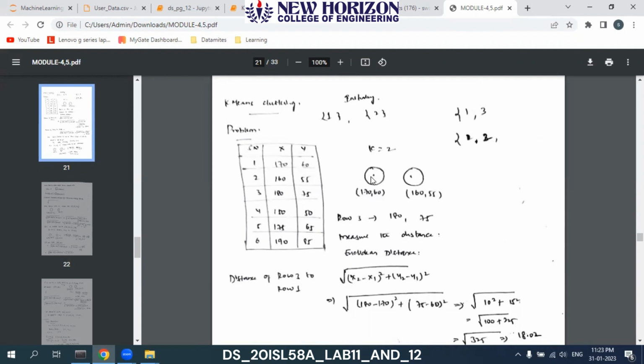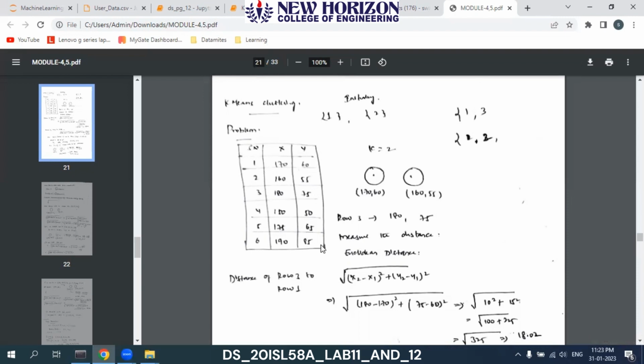That forms a new centroid. Cluster 2 stands as it is. So at every point of time, we need to calculate the distance and keep updating the centroid.